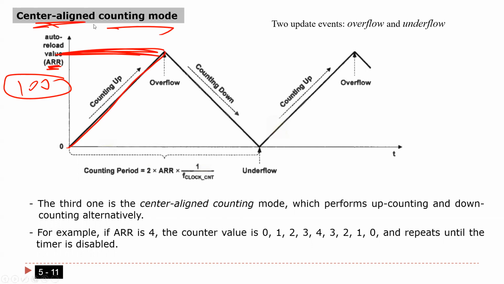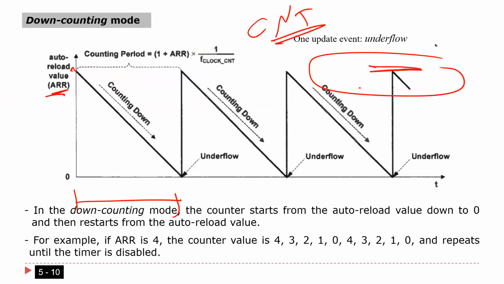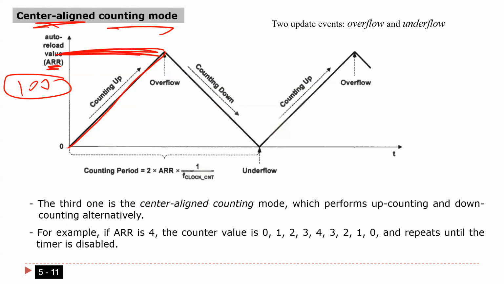So here you count up until ARR, and then it's going to decrease until 0, and then it's going to repeat again. Anyway, I'm going to give you details, but for now, at least you know we have three counting modes. It can count up, it can count down, it can count up and then down.